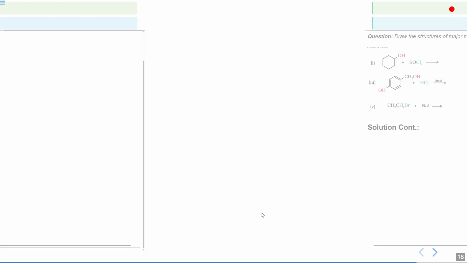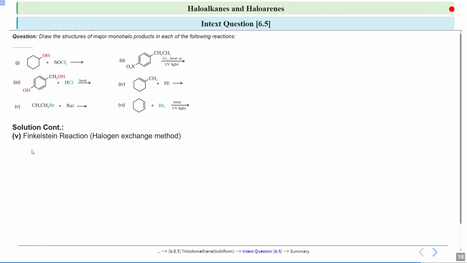Now, if we see the fifth part, which is the reaction of alkyl halide with sodium iodide, this is actually a Finkelstein reaction, which is a halogen exchange method. How? When you are reacting bromoethane, that is CH3CH2Br, plus sodium iodide, the halogen exchange or the Finkelstein reaction will happen and the halogen will exchange among the reagents.